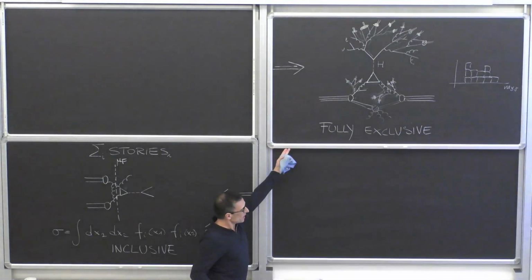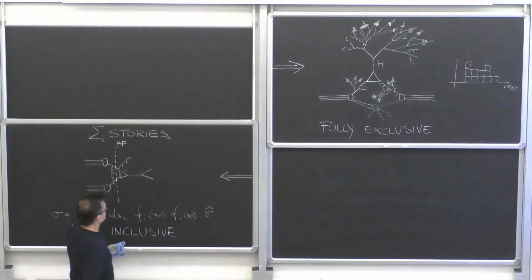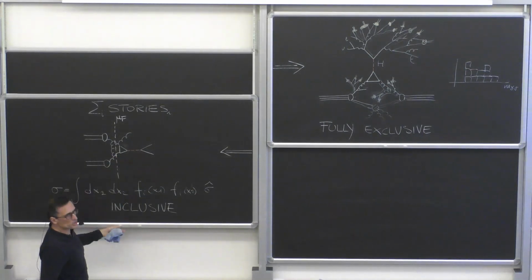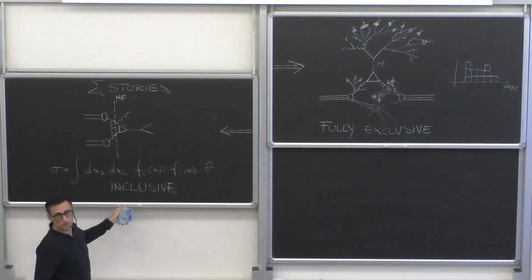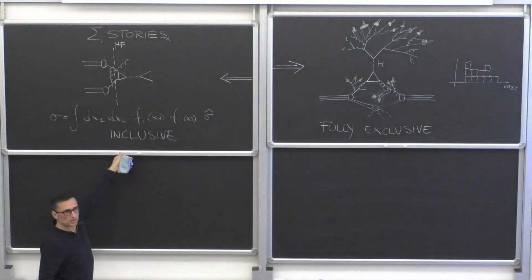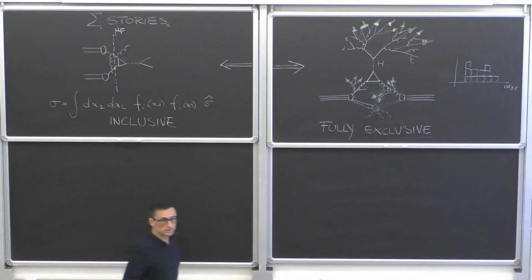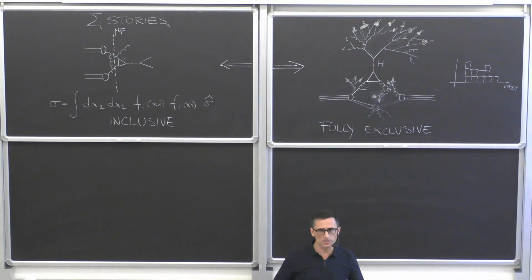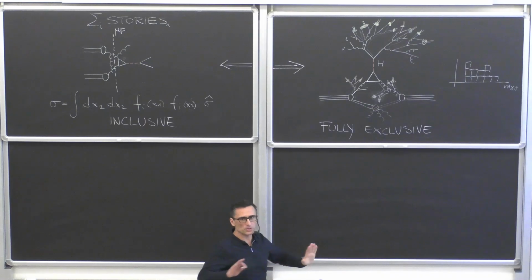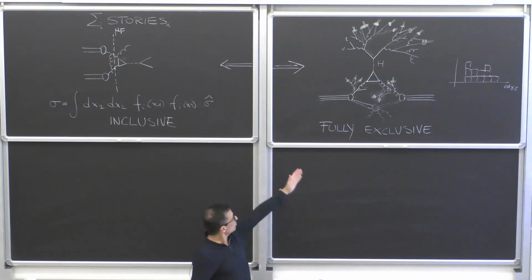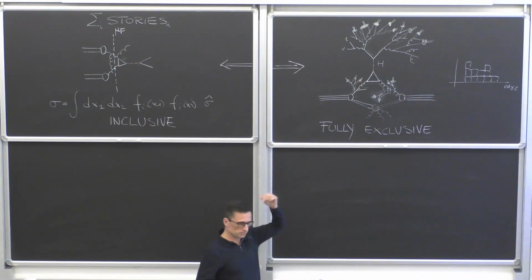Because if you have ever done a computation in QCD, you know that 2 to 2 is easy, 2 to 3 is difficult, 2 to 4 is impossible, right? I mean, to do by hand. So you realize that obviously we cannot use the normal techniques that we learn in school to compute something like that. It will never work.